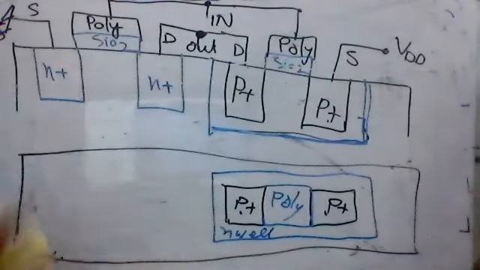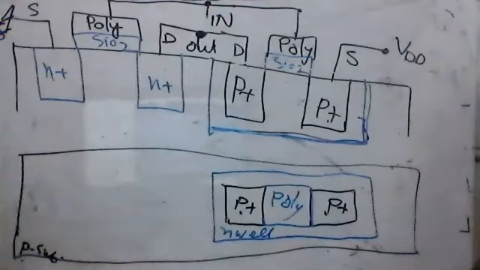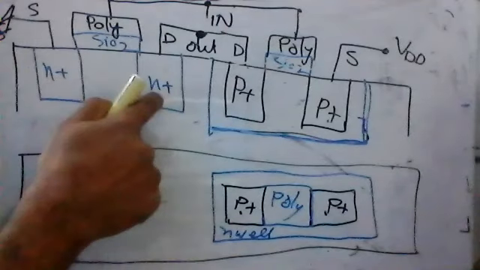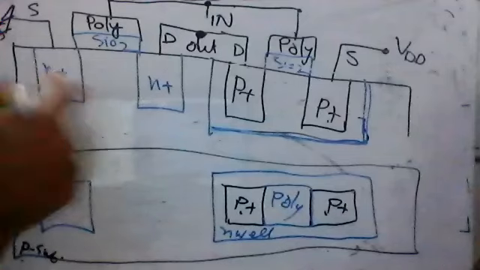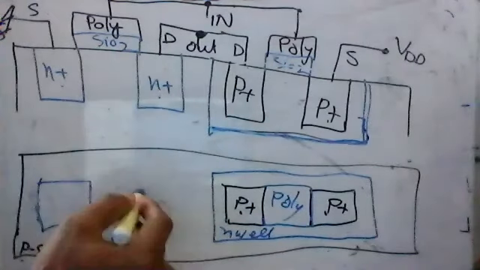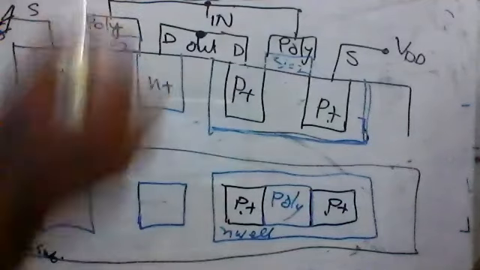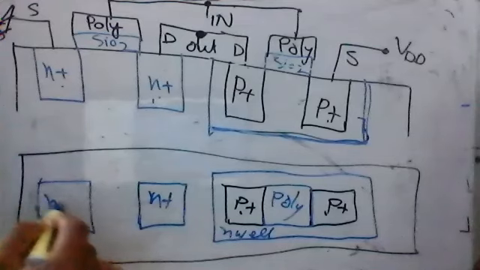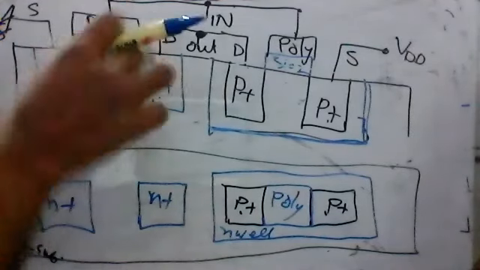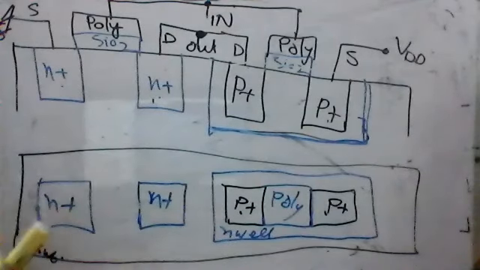And on this side, what can you see? Here we can see this N type, N type. Here we'll see N type, and this one is the source, and this one is the drain. We also will be able to see here this N plus, and then in the middle, we'll see poly here.